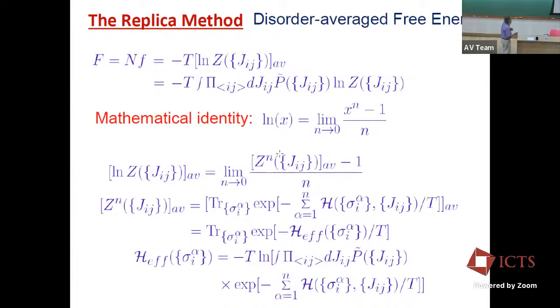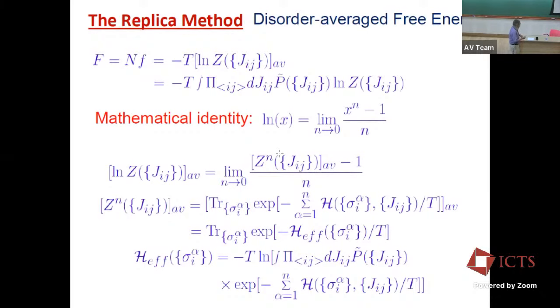But the effective Hamiltonian is defined in terms of that. So instead of doing the Jij average here, I could say that I will do the Jij average later on, after I do the sigma trace. So that gets interchanged basically.